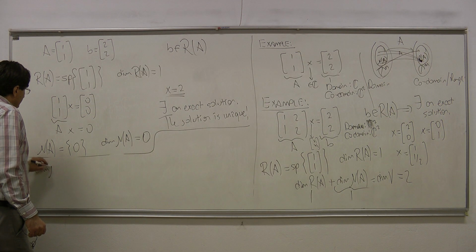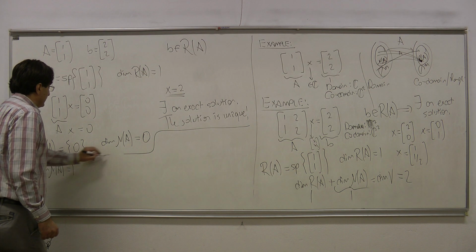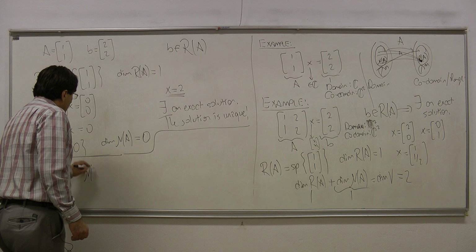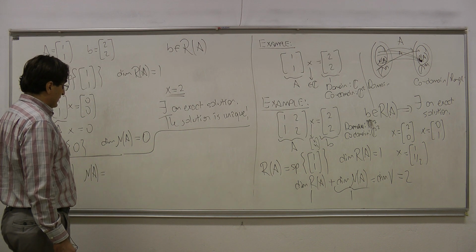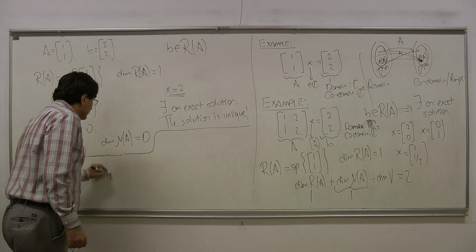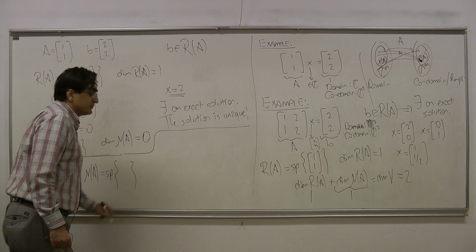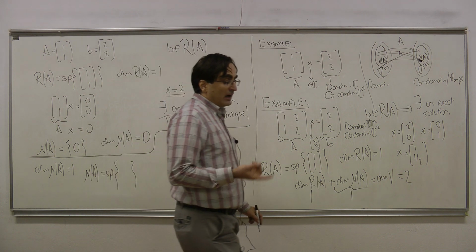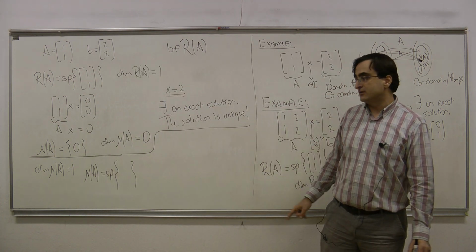So the dimension of the null space of A for this matrix is just 1. That means the null space of A is going to be the span of only a single non-zero vector. In the basis set, I will have only one linearly independent vector.